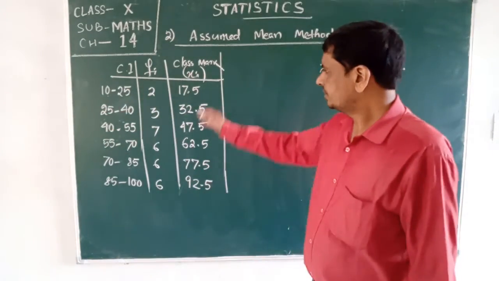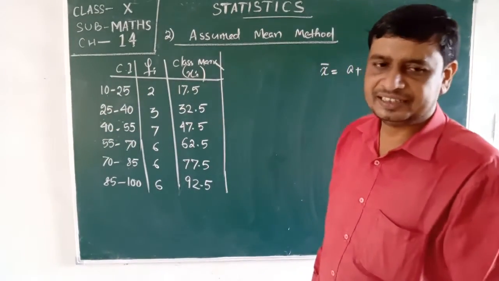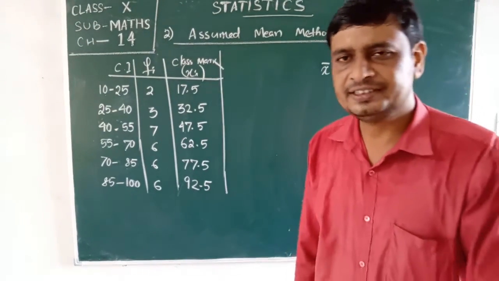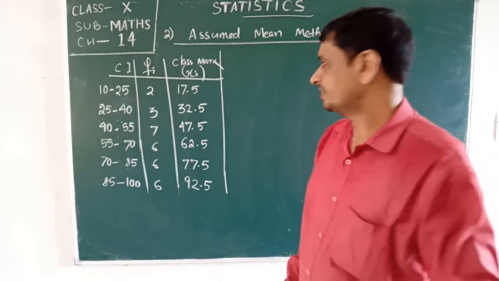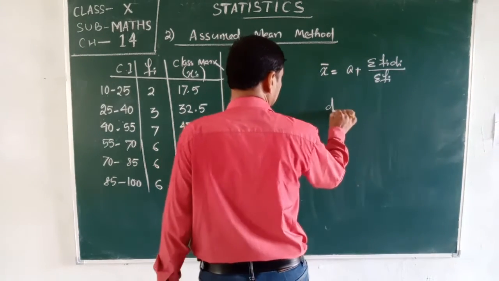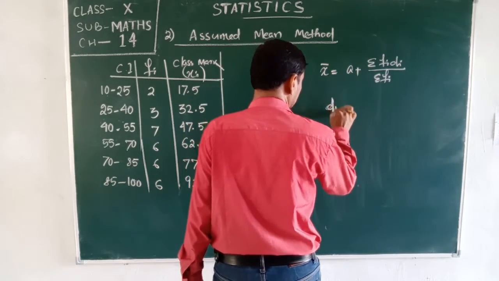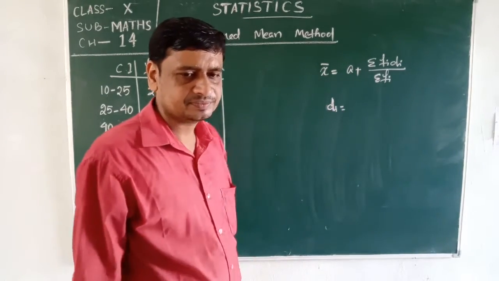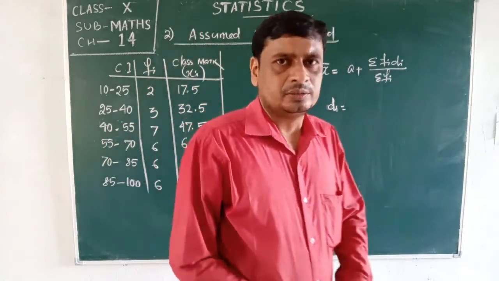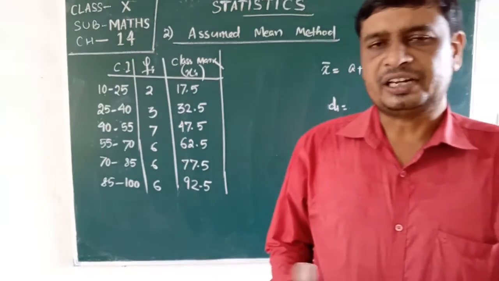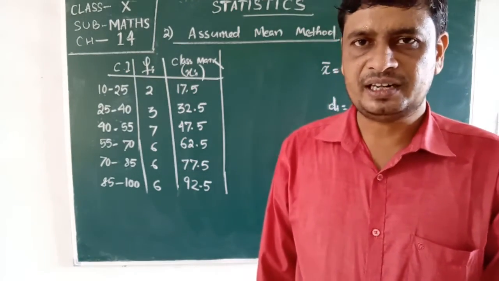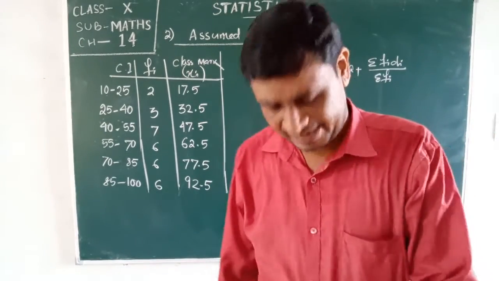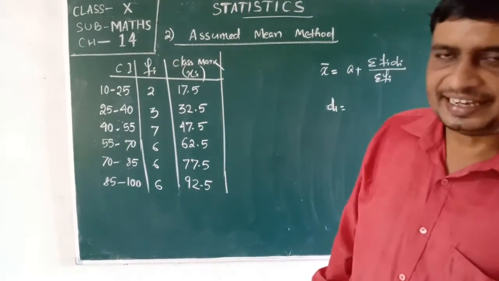We already got the column for class mark, that is xi. Now we will find di, that is the deviation. Di can be calculated by calculating the difference of the observations xi and assumed mean.